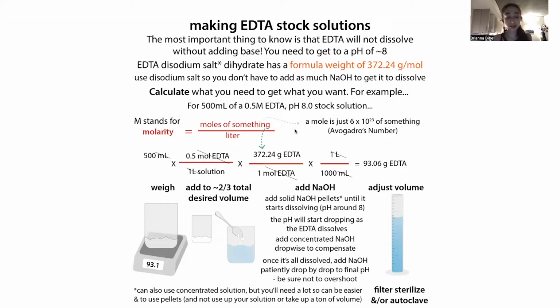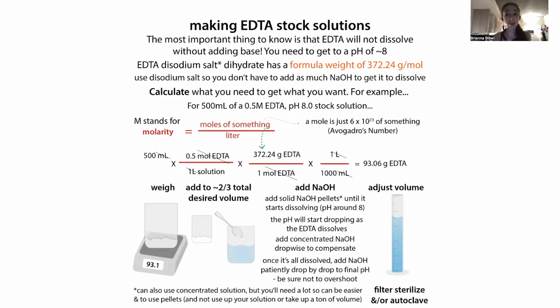So how do I do this? We need to figure out the molecular weight or the formula weight for EDTA. Because we're dealing with this EDTA disodium salt dihydrate, we have those two sodium ions and 2 water molecules per EDTA molecule. That means when we're weighing things out, we need to take that into account.